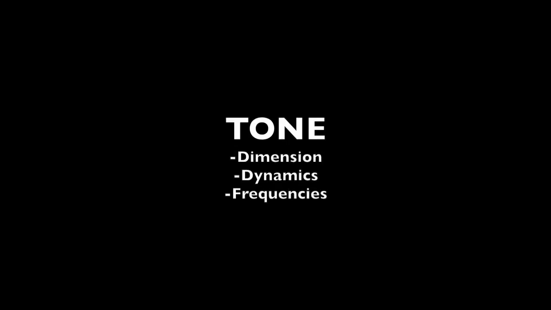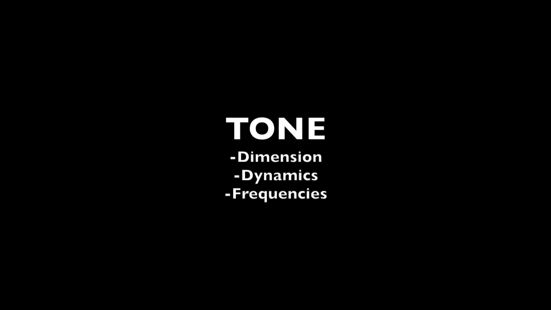Sure, it can be argued that tone, dynamics, dimension, and all these other things are separate categories and independent of each other, but most of the time people don't think that way, especially beginners. So I think the best way to describe it is this. We have our main category, tone. But tone also has the things that it is made up of, like dimension, dynamics, and frequency settings.